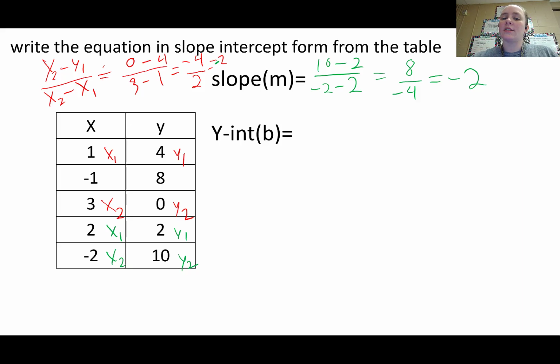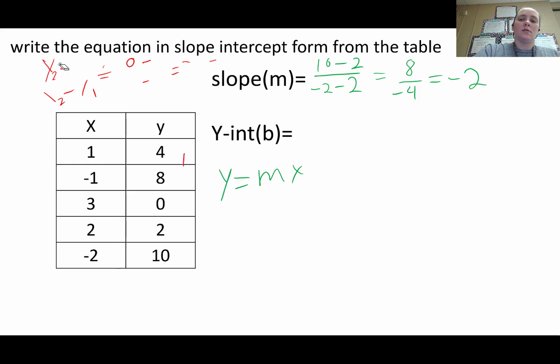So now I just have to find the y-intercept, right? So in y equals mx plus b, so we found our slope. And now I'm going to pick just 1 point.